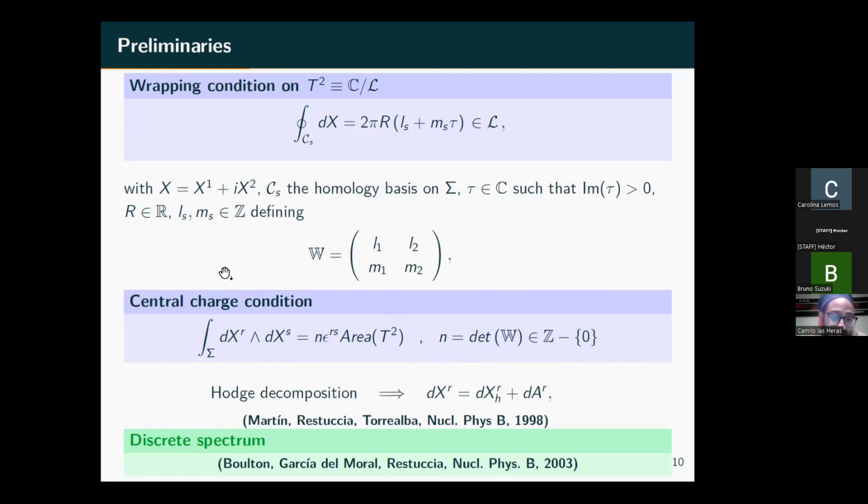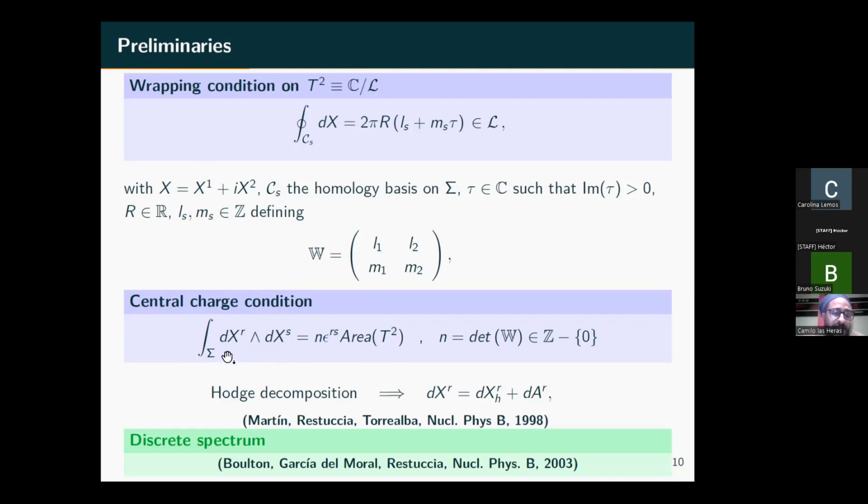In the case that this condition is imposed, the theory acquires nice properties, having a discrete supersymmetric spectrum of the regularized model. Therefore, the M2 brane with this central charge condition may be understood as an object that is describing microscopic degrees of freedom of at least a sector of M theory, okay?